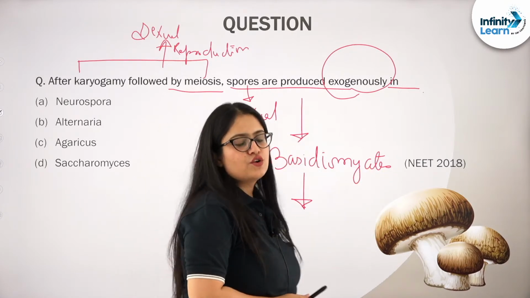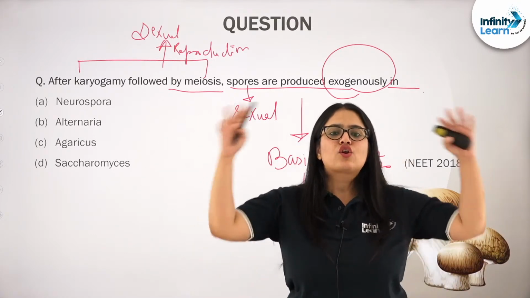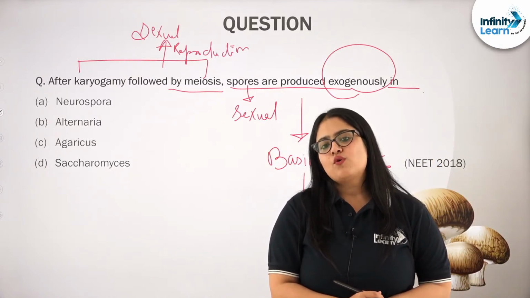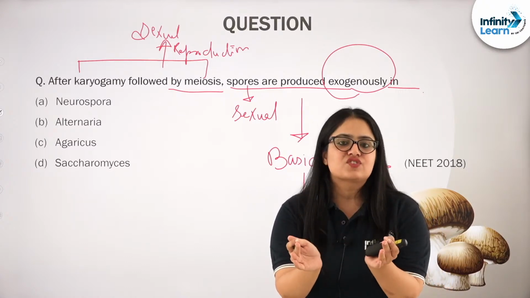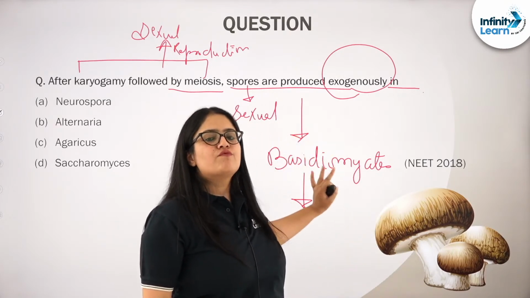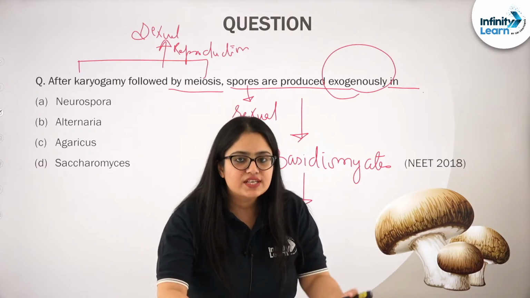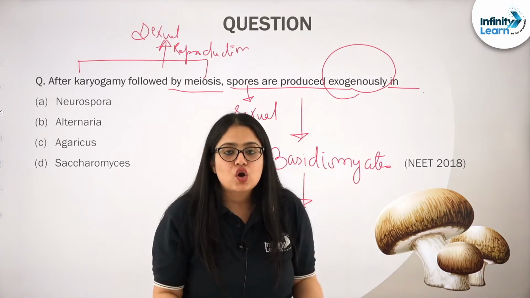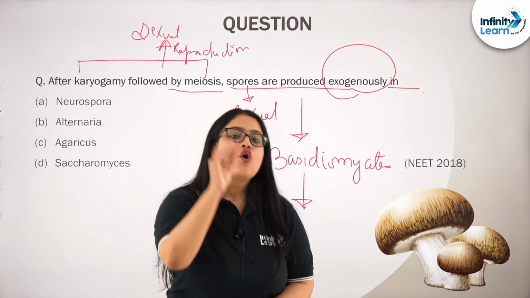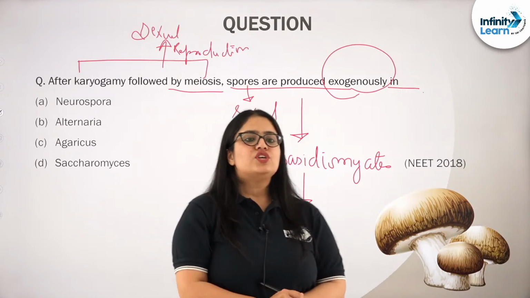The basidiospores are not enclosed in a closed structure as they were in members of Ascomycetes. So that ascus-like closed structure is not seen during the formation of sexual spores in Basidiomycetes. Hence the production of basidiospores in the members of Basidiomycetes is considered exogenous in nature.